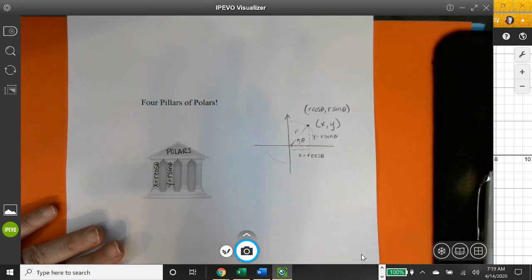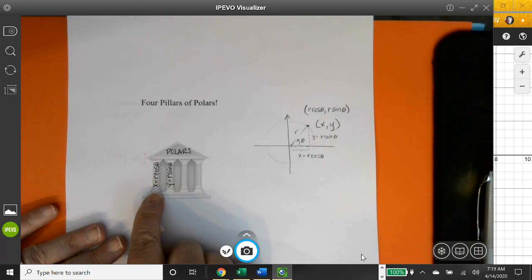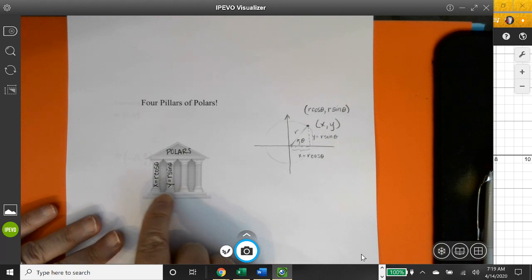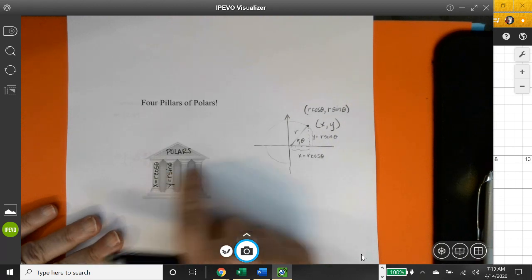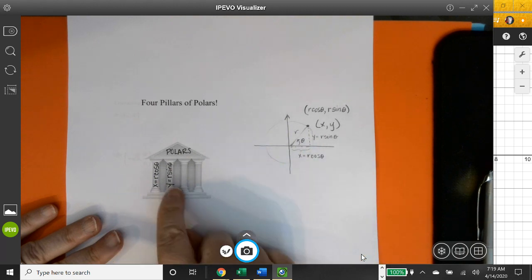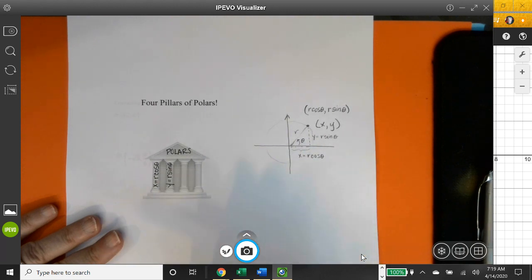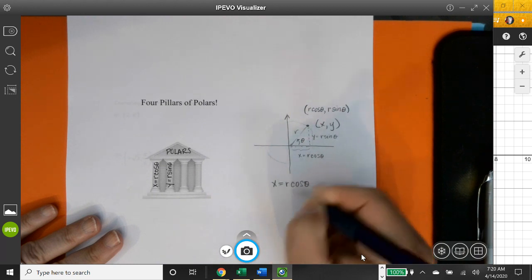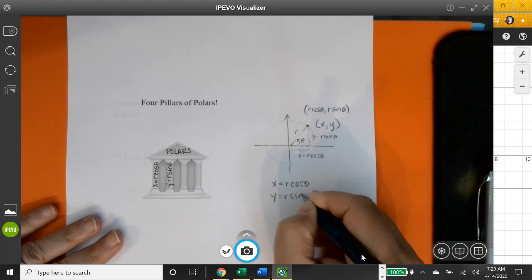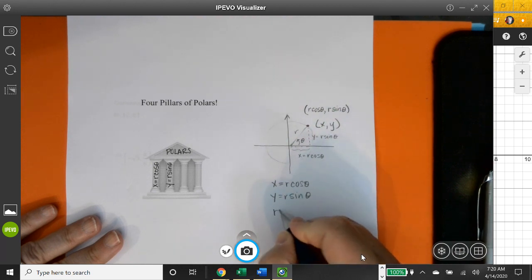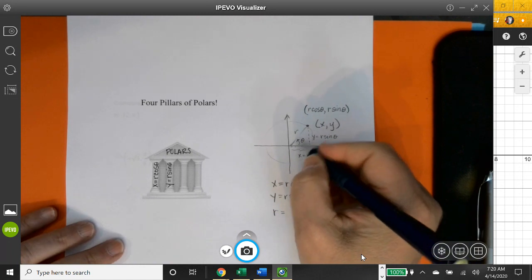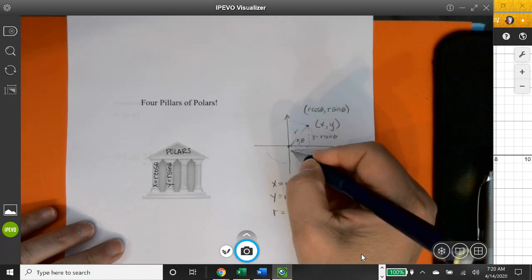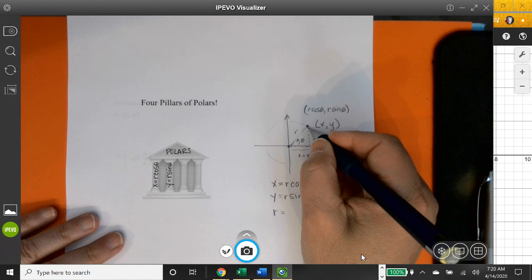Okay, well, I can translate my problems if I know what x is and y is, but I need to know what r is. Well, r is the distance from the origin or the pole outward to your point.